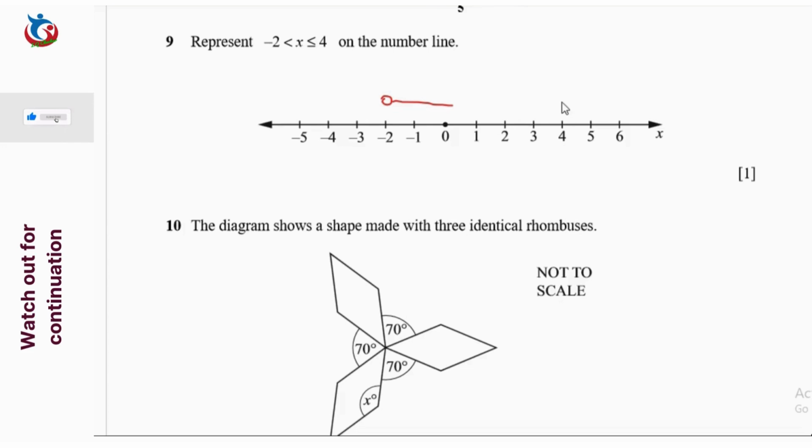So all the way to 4, and remember it says less than or equal to, so because of that, this one will be shaded.